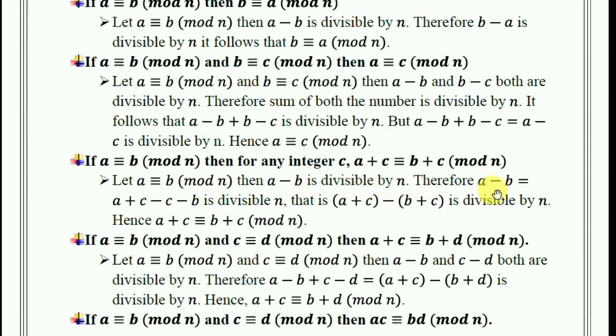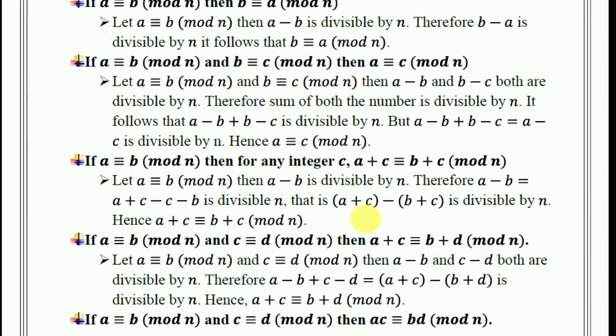Therefore, I can write a minus b as a plus c minus b plus c. Now, a minus b is divisible by n means this expression is also divisible by n. I can rewrite this expression in this form: a plus c minus b plus c is divisible by n. From here I can write a plus c is congruent to b plus c mod n.